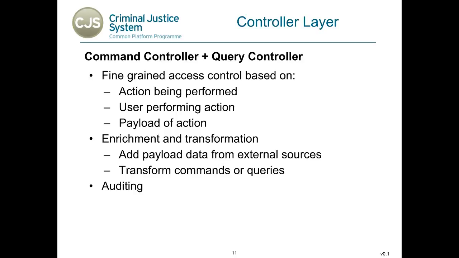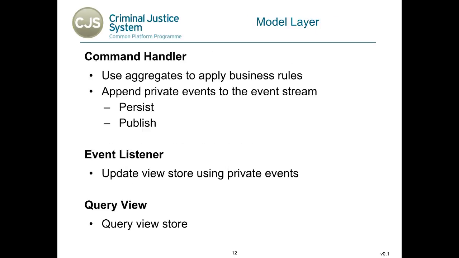We may wish to transform a command or a query for some reason, maybe even because the action failed access control. There are rules around that, which I'll come to a bit later. And lastly, again, we need to audit at this level as well, because if we now fail access control at this layer, then we want to be able to audit and record that fact.